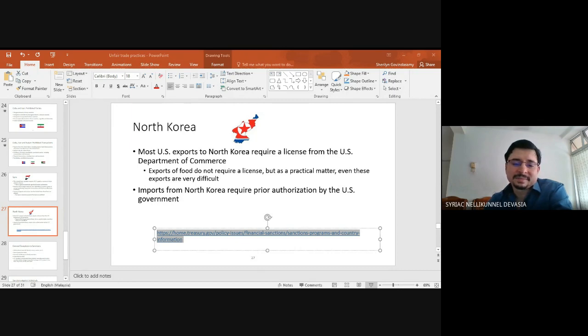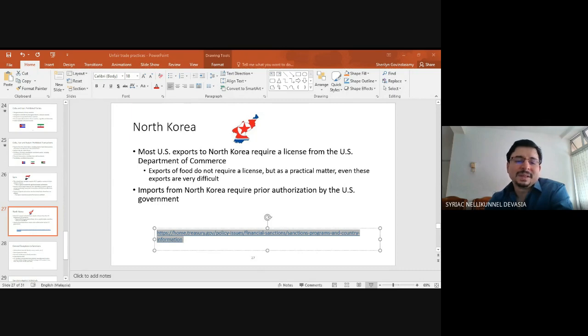Then these are the things that must be done: blocking the property, informing the US government within 10 days, and maintaining control over the property until the government tells them what to do with it, especially if they are in the US.